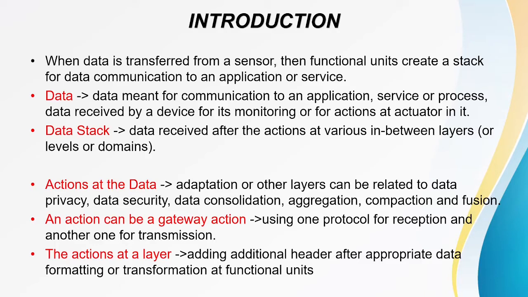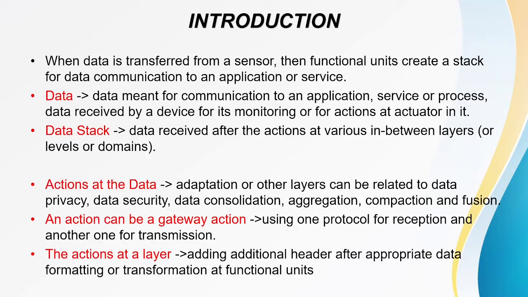If there is any redundancy or any irregular data, that information will be removed. Okay, so data consolidation, you are going to consolidate the data. Security, you are going to provide the security. The privacy will come in the same aspect. Aggregation, you are going to take the summary also. Okay, so that is actions at the data.